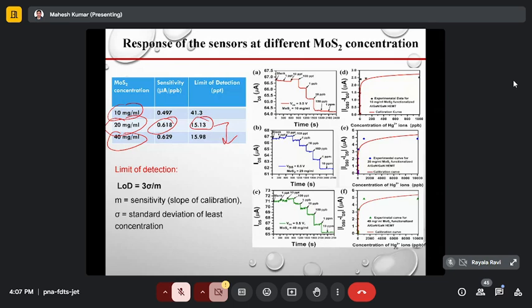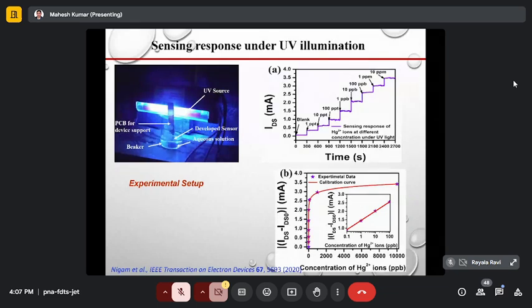After this it saturates. So we have to use around 20 mg per ml, and with this quantity of MOS2 we get the highest sensitivity and also the lowest limit of detection. So we can use this particular concentration of MOS2 flakes, and then we can make these sensors.